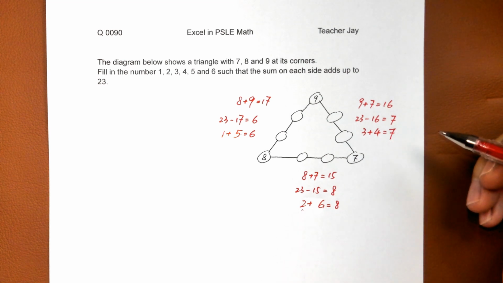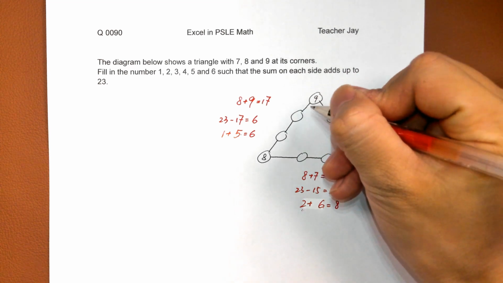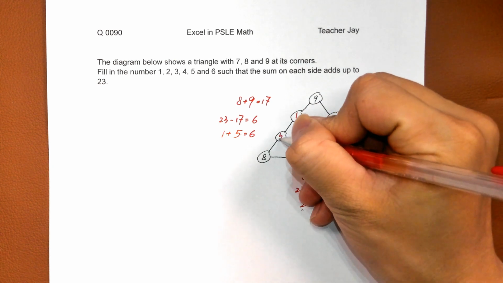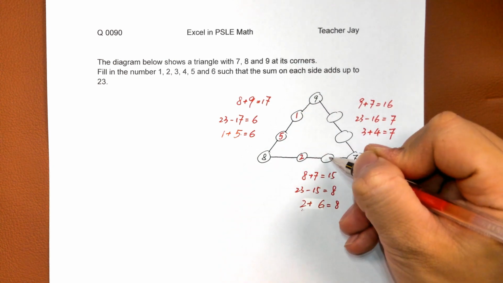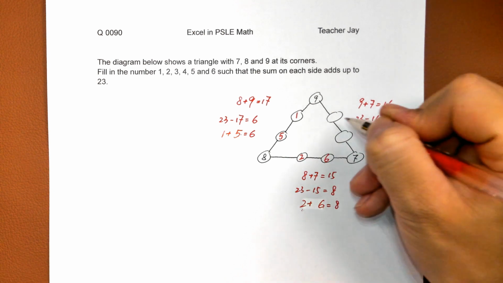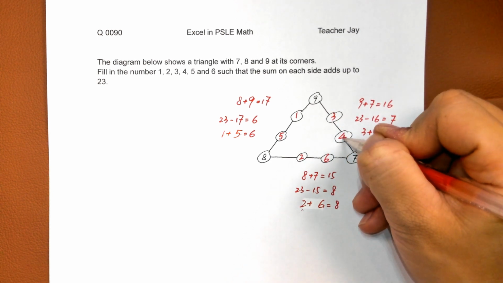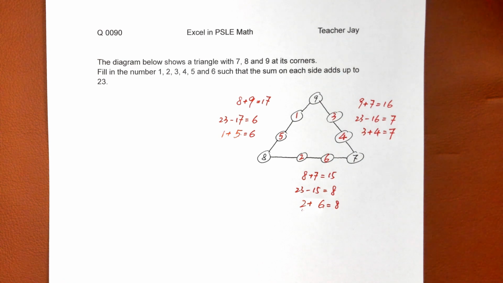Okay, got it. 所以说我们把这些数字填进去，fill these numbers into the circle in the figure. 2 6 3 4. Okay, done.